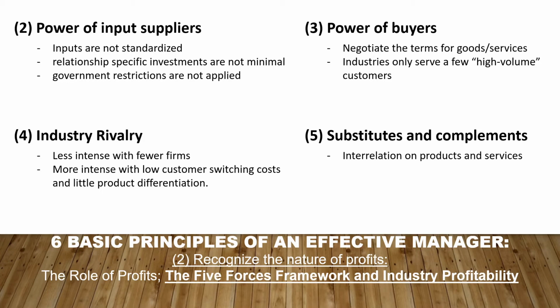Relationship-specific investments should be minimal and government restrictions like price ceilings and other controls should apply. Turning the reasons shown on the screen around would limit the suppliers in taking profit from the firms in the industry.